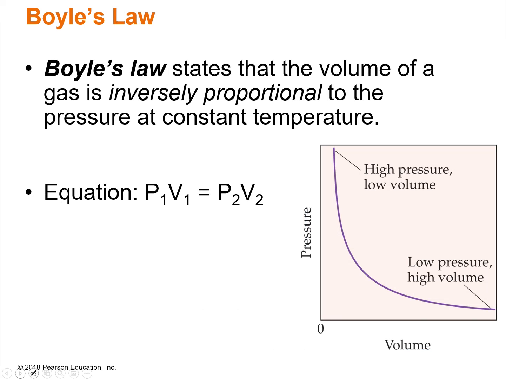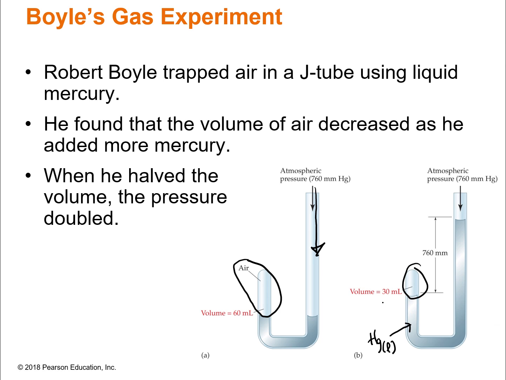So his law deals with pressure and volume. You don't really need to know about the experiment, but you do need to know the law. I can go back. You don't need to know details on the experiment per se, but if you just want it for completeness, go for it.